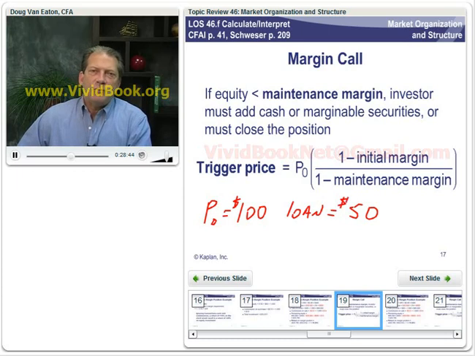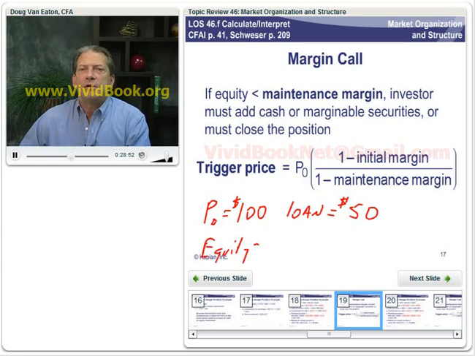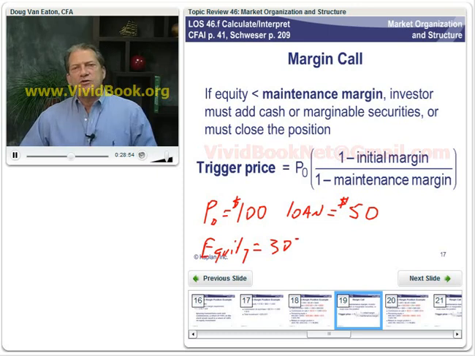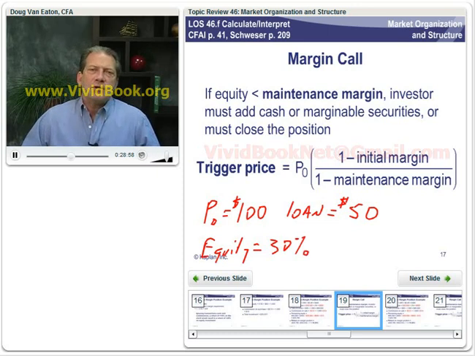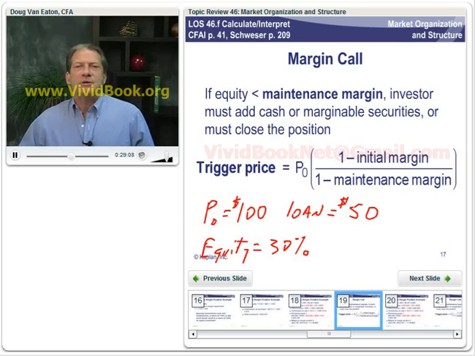And we know we're going to get a margin call if our equity equals 30%. So here's the only tricky part: when our equity is 30%, how much of the stock value is the loan? Well, if the equity is 30%, the loan's got to be 70%.